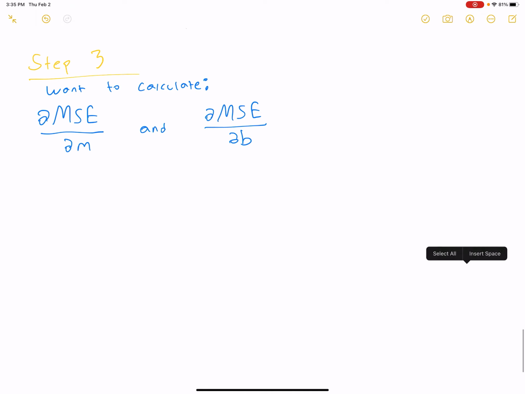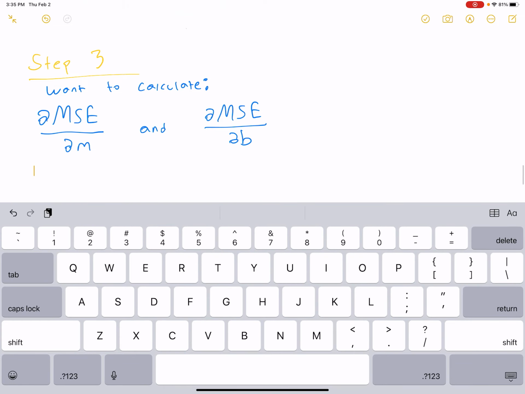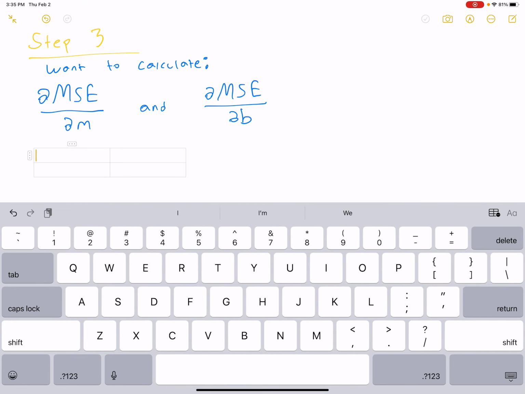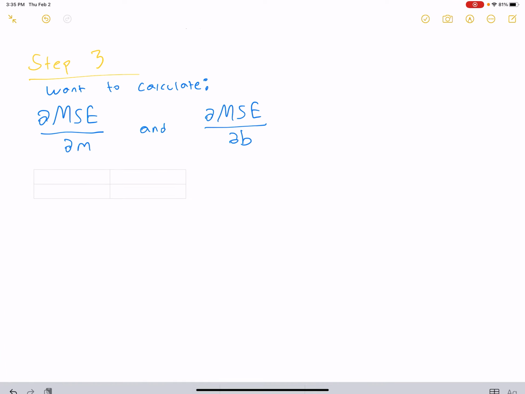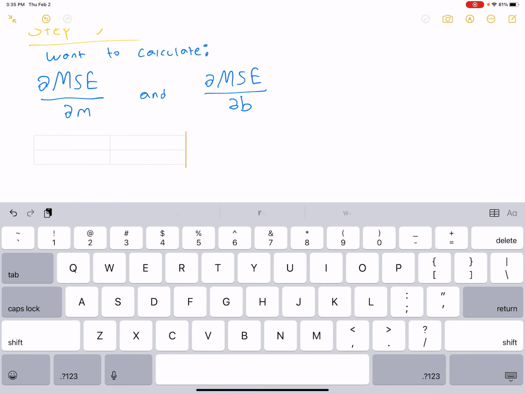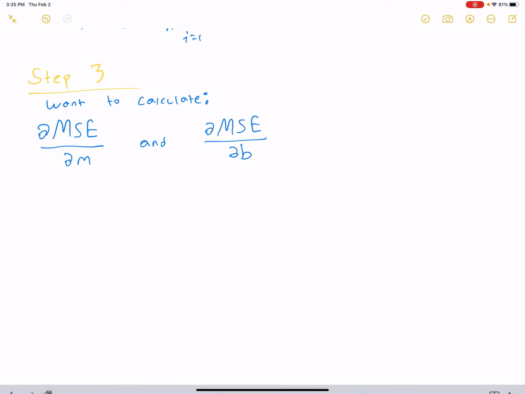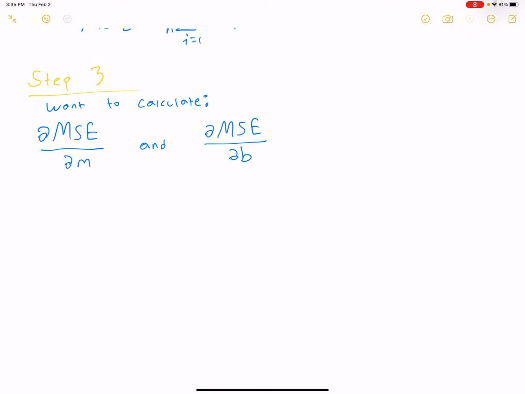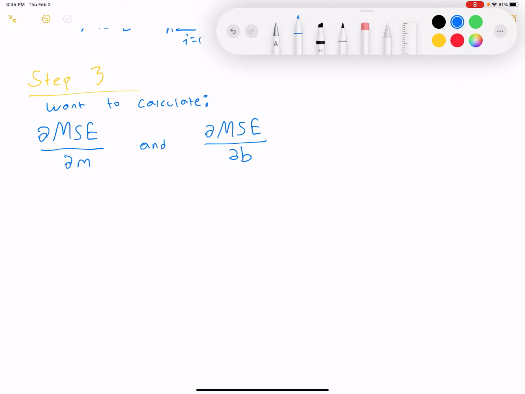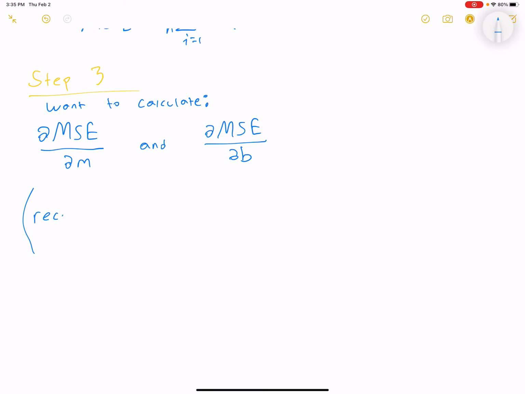So if we recall, I'll just put in parentheses, recall that mean squared error has an equation that's intuitive.